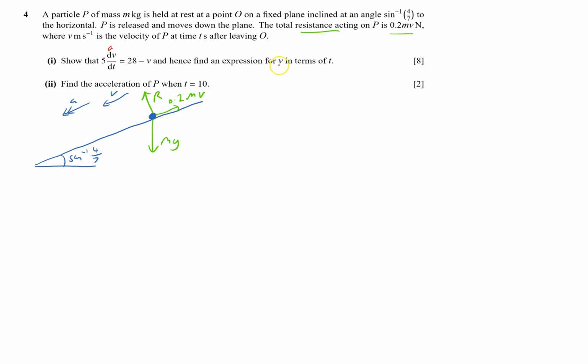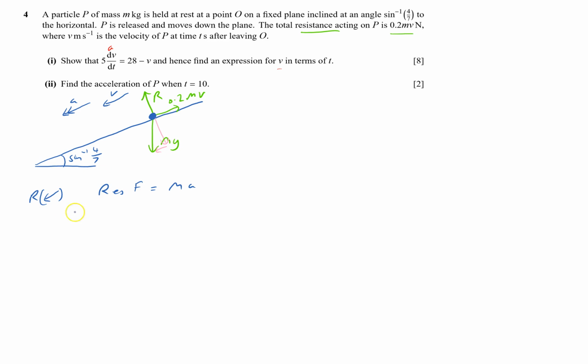And so we're going to have to find v in terms of t. So the first thing we're going to do is resolve down the slope, and we get resultant force equals mass times acceleration. If I split the weight up, we get that and that bit. So what goes down the slope?